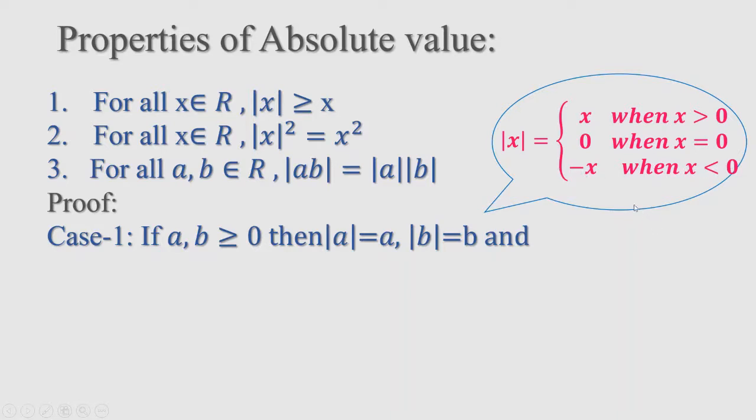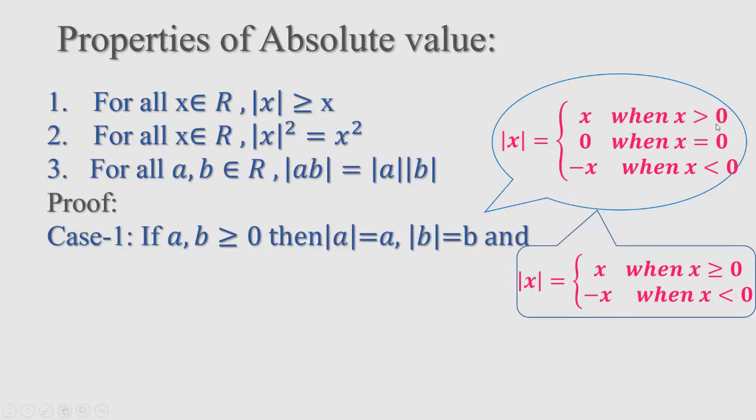We can also write this definition by merging these two conditions into a single condition: when x is greater than or equal to 0, modulus of x equals x, and when negative, modulus of x equals minus x.